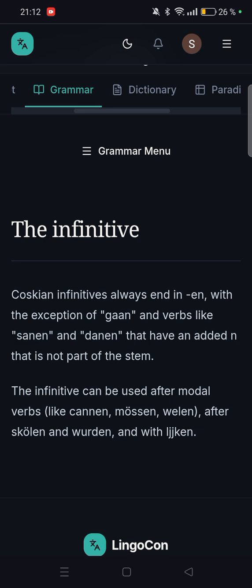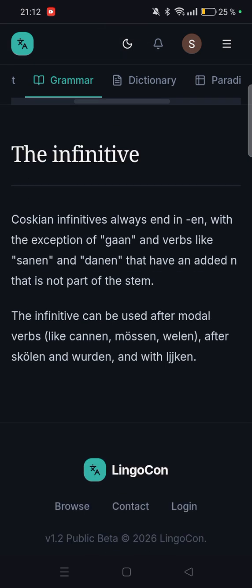In the present, you use skol, like English shall. It is related to English shall. I shall do: ek skol dannen. And wurden is for conditionals or other stuff. And also with liken, like.